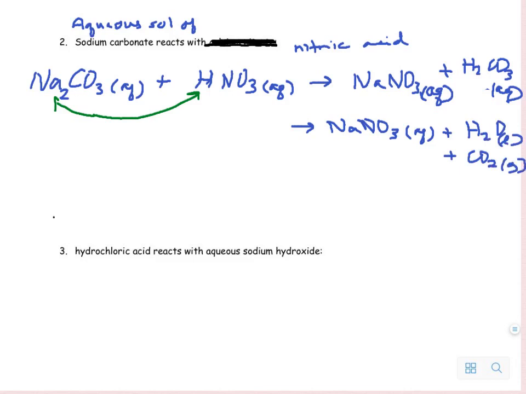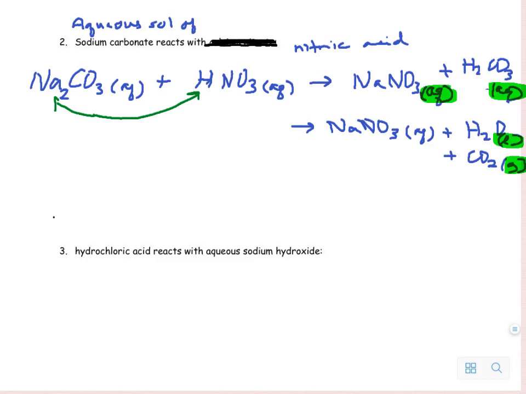Otherwise, this reaction wouldn't happen because two aqueous products don't fit the bill for double replacement. This is one of those little facts you have to add to your memory bank, that carbonic acid, H2CO3, it's made in POP, okay, it breaks down immediately to give you water and carbon dioxide. And because water is a liquid and carbon dioxide is a gas, then that fits the bill and it will proceed as a double replacement.